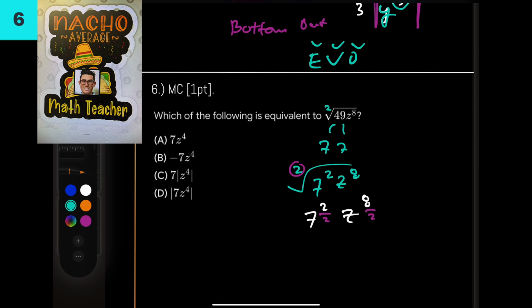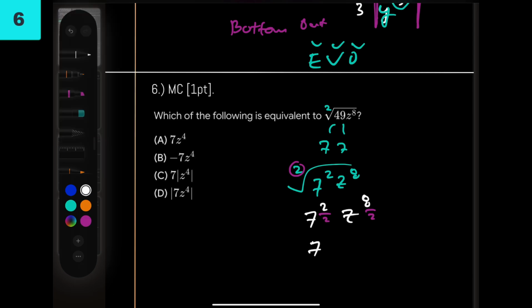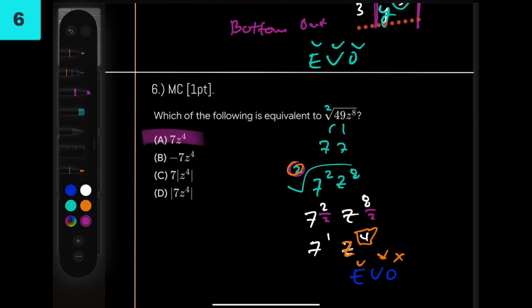And just simplify. So 7 to the 1st, z to the 4th. You can apply EVO. And you realize that this is an even. This is a variable, but this one is not an odd. So it's just 7z to the 4th, which would be choice A.